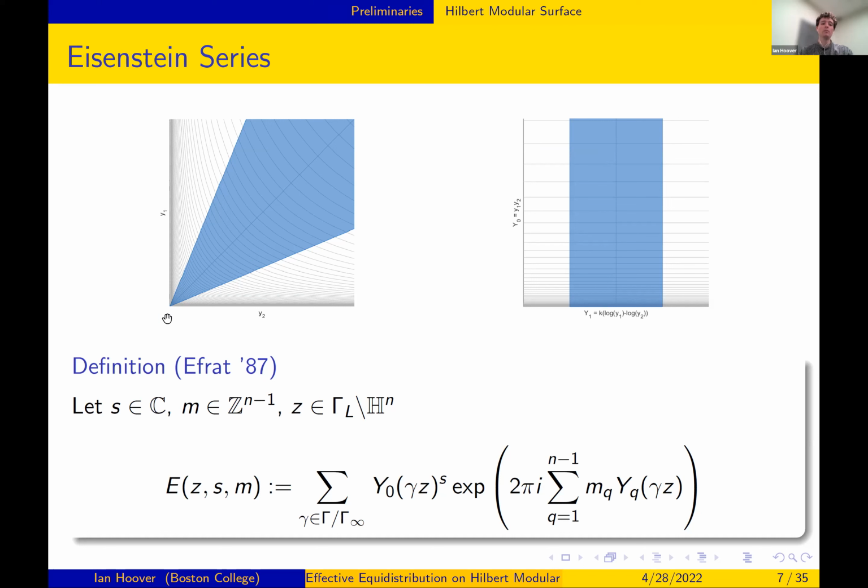And so the fundamental domain of that would look like this cone here in blue. It's convenient often to redo your coordinates so that we look at the product of y1 and y2 as one coordinate, and then essentially the difference of their logarithms as the other coordinates. This is how it works for the two-dimensional case.